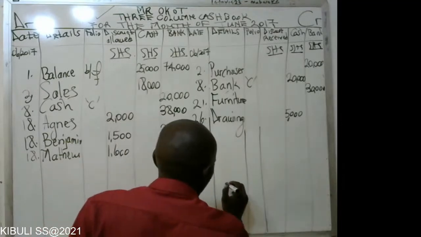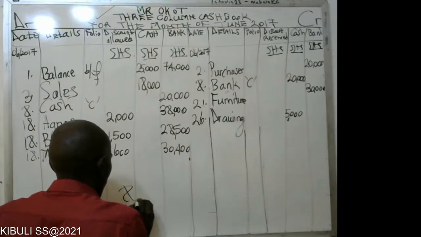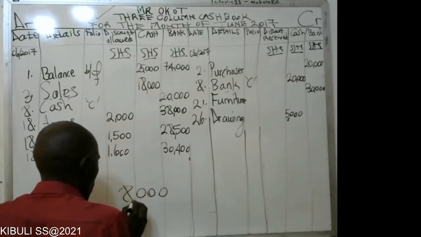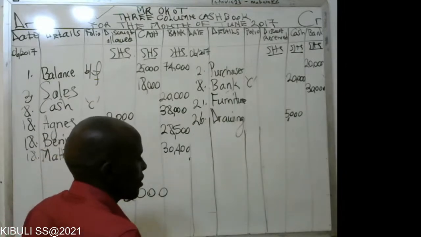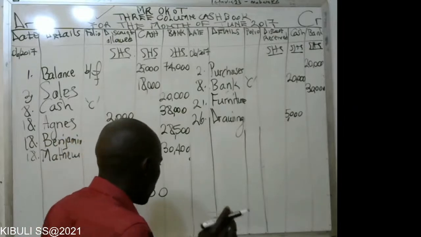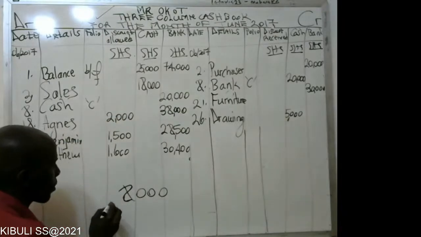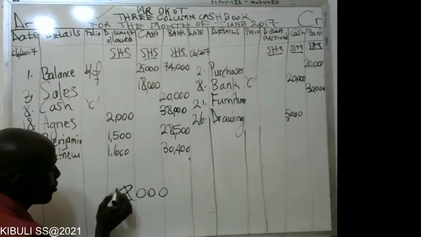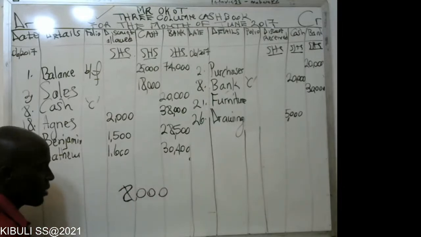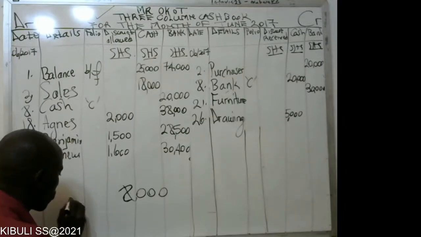So this time we are paying 8,000, the amount you are supposed to pay Sarah. But because we are paying in time, she has given us a discount of 2%. So we are not going to pay Sarah all the 8,000. We are going to pay her less 2%.